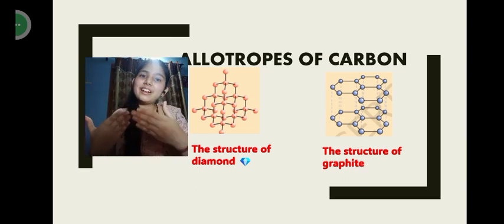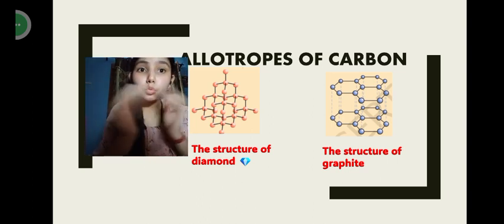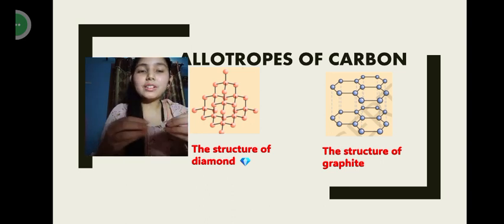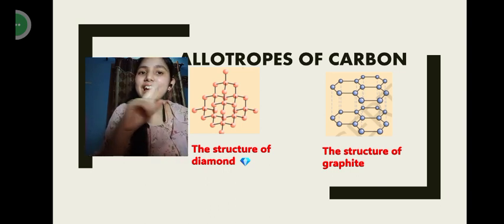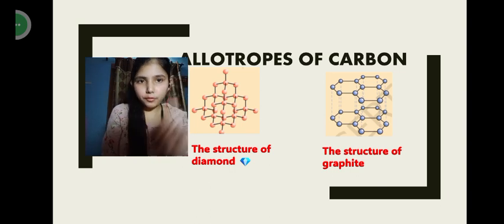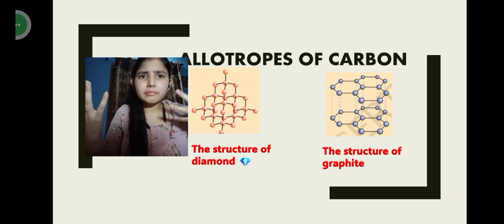Don't say compounds, you will get angry. Use the word allotropes exactly. Carbon will form a net-like structure. What are the conditions under which it makes diamond and graphite?